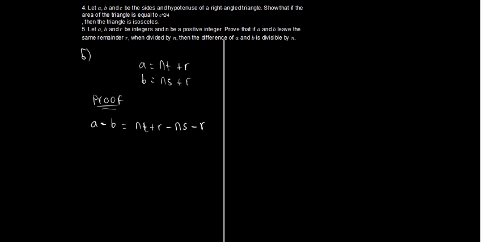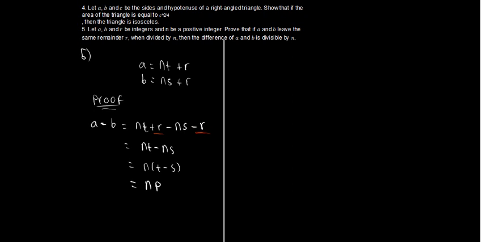So then we have nt minus ns, and the r terms will of course cancel each other out, so we can skip writing them in the next step, since it's just r minus r. Then we factorize, and we have n times t minus s, which is equal to np.